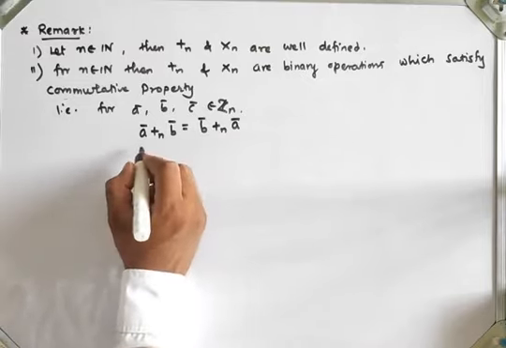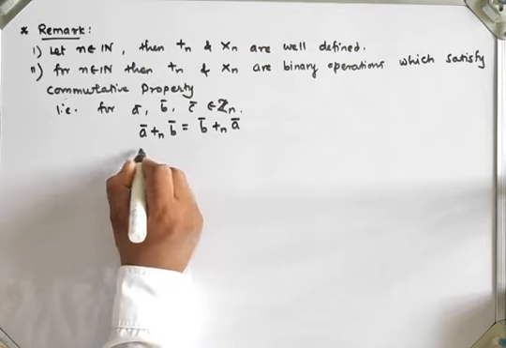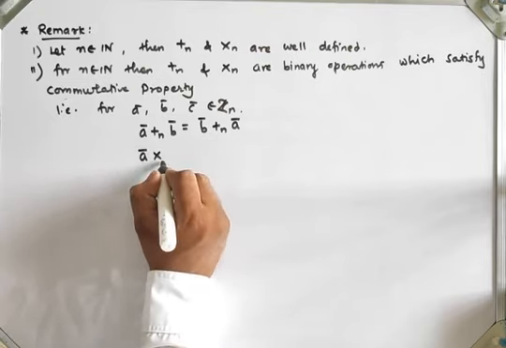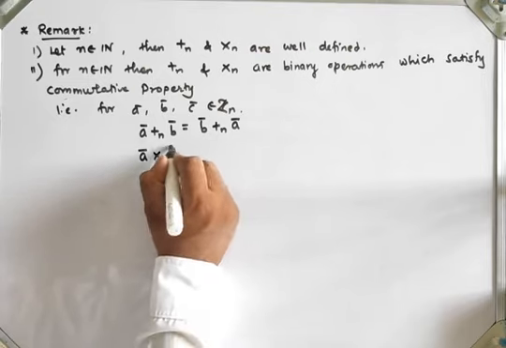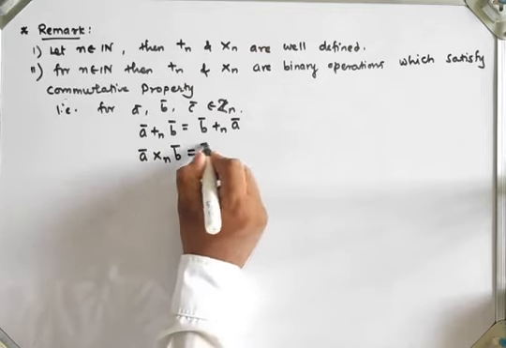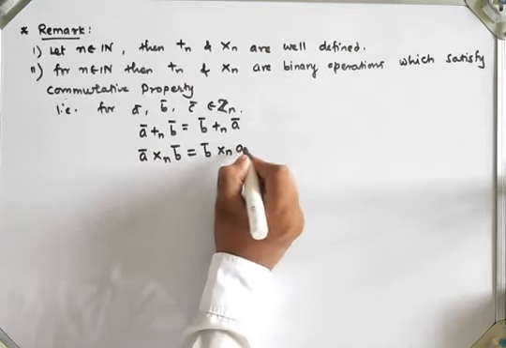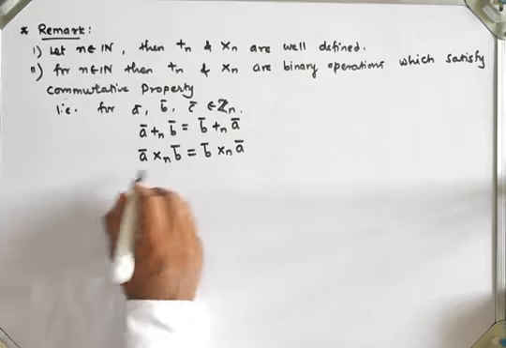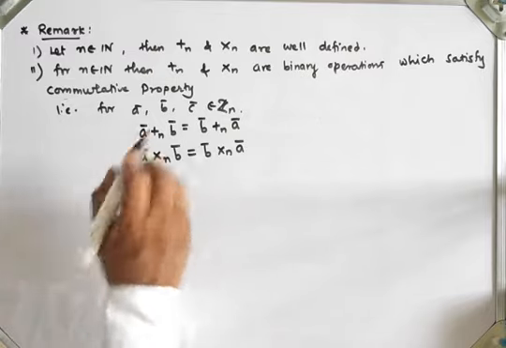Now for multiplication modulo n we get residue class A multiplication modulo n residue class B is the same as residue class B multiplication modulo n residue class A. So this is also the commutative property.